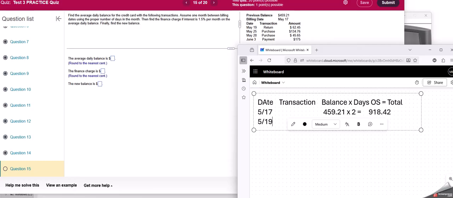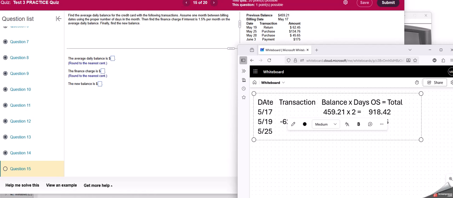Then on the 19th, we have a return of a negative $62.45. So then our balance goes down from $459.21 minus $62.45. So the balance goes down to $396.76, and that is for 6 days. So that's $2,380.56. And then on the 25th, we make a purchase.